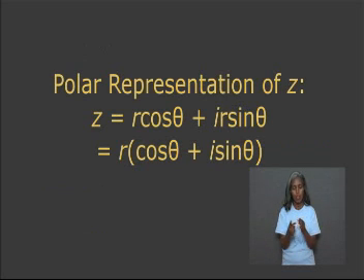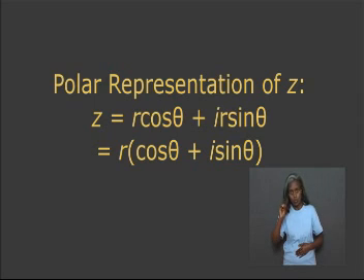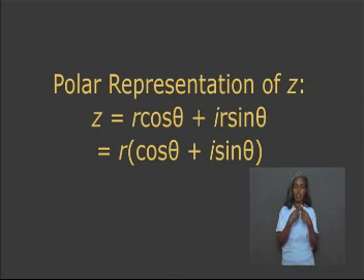Therefore, we can conclude that z is equal to r times the cosine of the angle plus iota times r times the sine of the angle. This may also be expressed as r times the sum of the cosine of the angle and iota times the sine of the angle. This is called the polar representation of z.